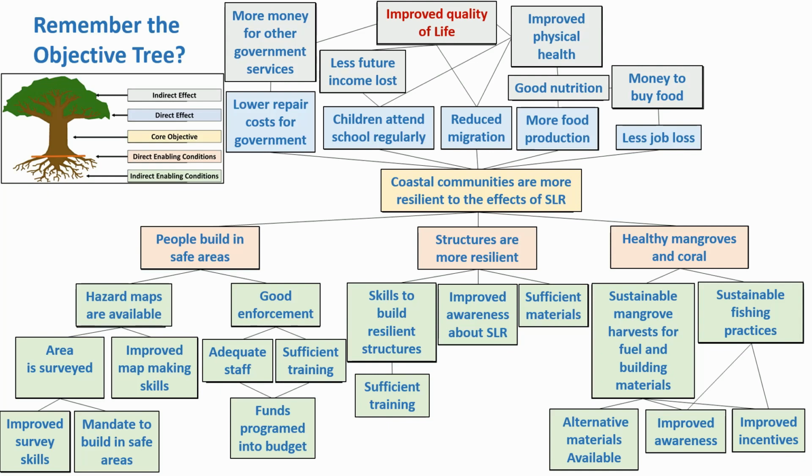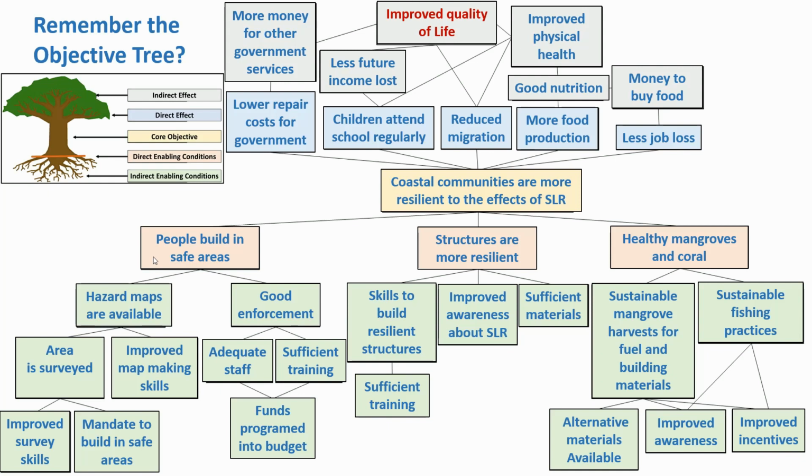So again, let's go back to our objective tree, and you can see it on this slide. And the objective was that coastal communities would be more resilient to the effects of sea level rise. And we have the 3 key elements here. People build in safe areas. Remember, before, in the problem situation, people are building in areas that are vulnerable to sea level rise and coastal erosion and so forth.